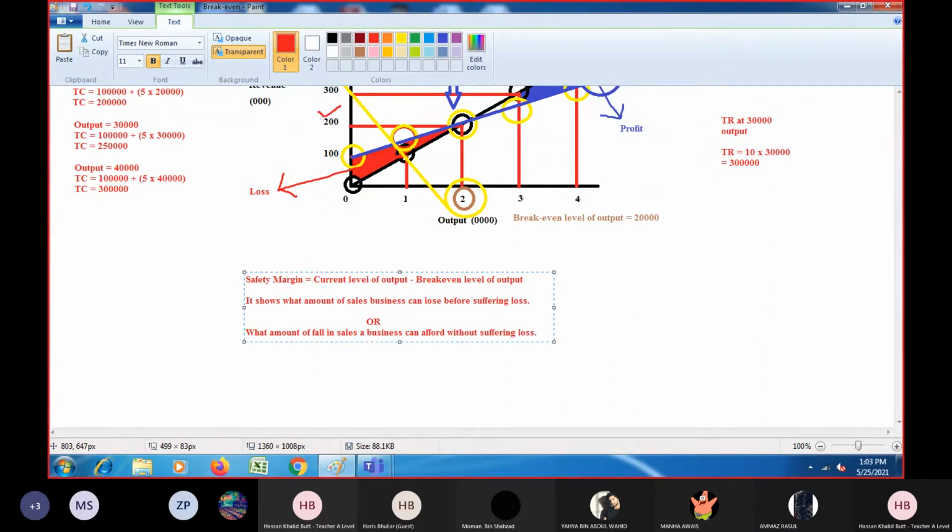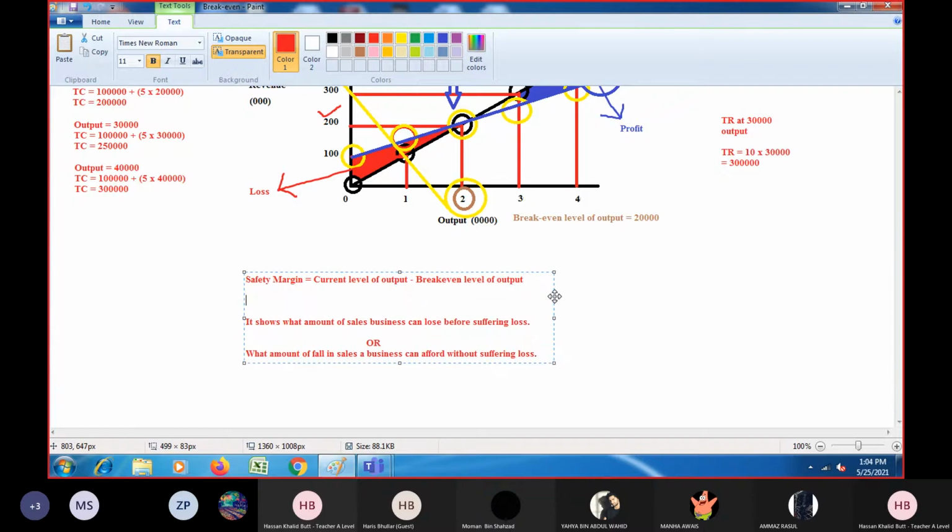That is, if the sales of the business are going down, by how much can the sales fall before incurring loss. Okay, now let's take an example. Let's say, okay, now I'll use the diagram as well for it. Just a minute.